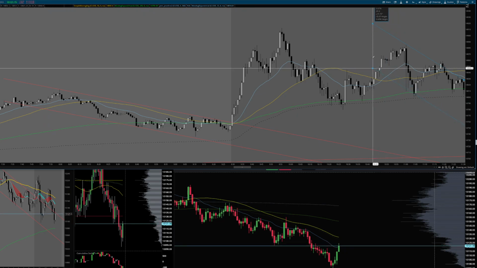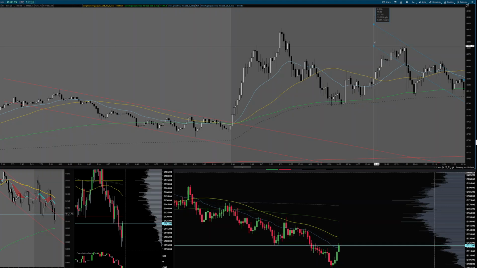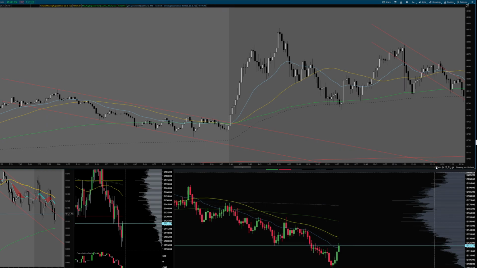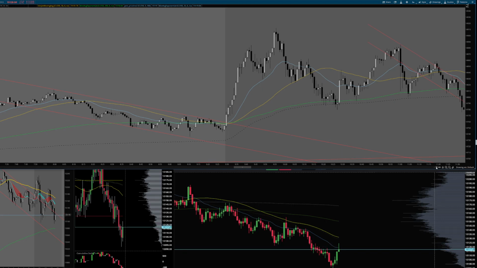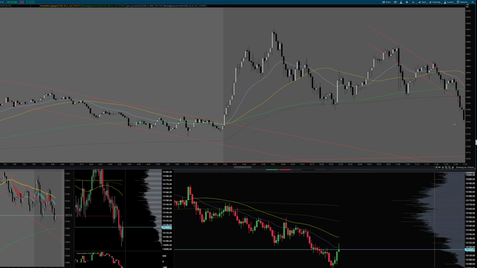You can either do a wider one like that, or a smaller channel like this. And if you did the wider one, now it touched that wider channel line too, right here.